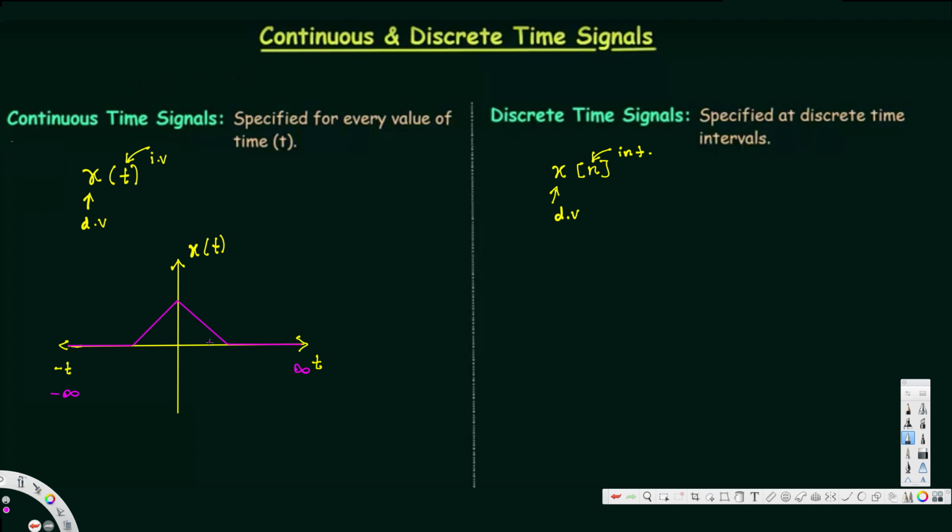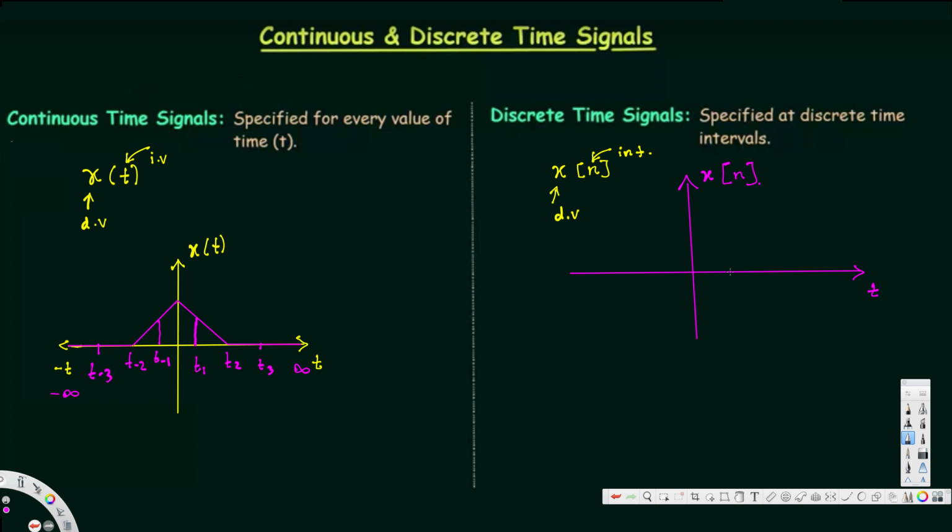For a discrete time signal, if we pick some time intervals, let's say this is t1, this is t negative 1, and this is t negative 2, t2, and t3, t negative 3. If we draw this part alone, we have the y-axis and the x-axis, and here we are going to have the time and x of n.